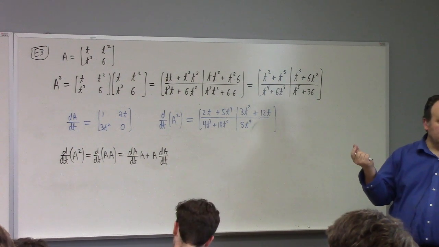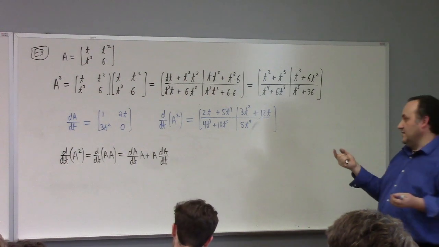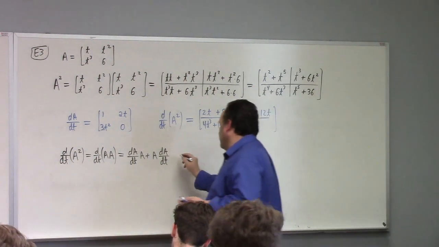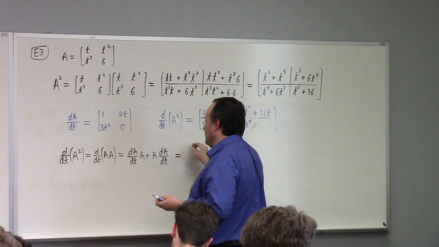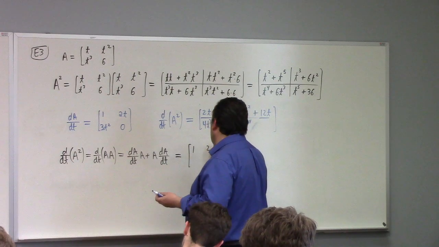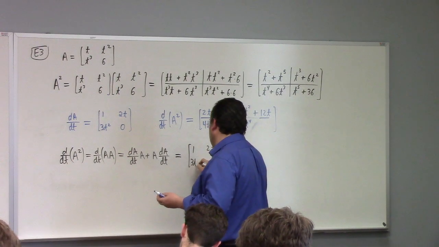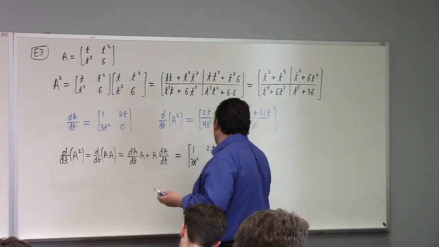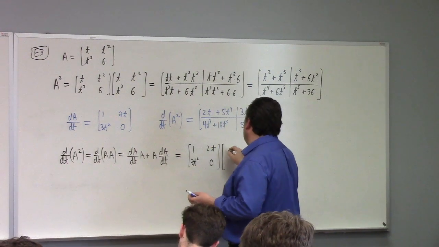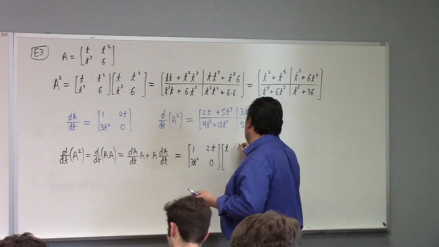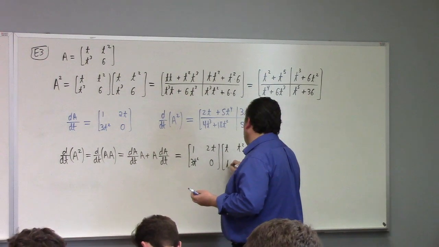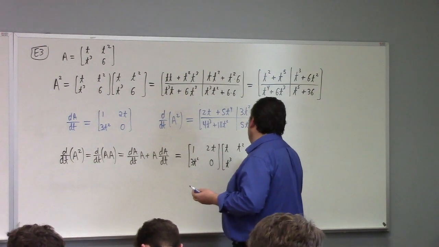I don't know. Yeah? Like, let's work it out. So what's my dA/dt? It was 1, 2t, 3t squared, 0. My a is t squared, t cubed. I should have put more constants in this.